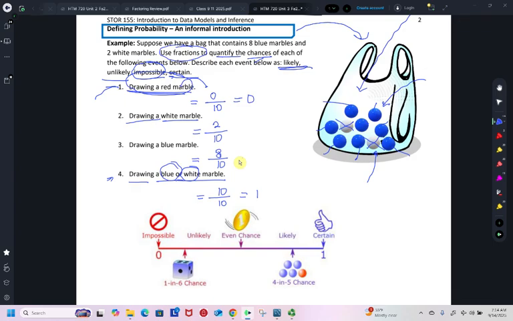We can go from the events that would never happen, aka an impossible event, to an event that, as long as I'm dipping my hands into this bag, I am certain to draw either a blue or white marble. So I am going to a certain event.